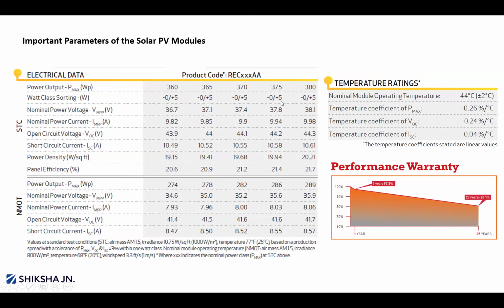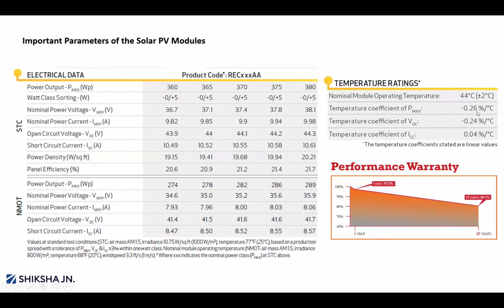After manufacturing, the manufacturer tests the module to see whether it delivers these values at 25 degrees Celsius. After 25 degrees, if the temperature increases by 1 degree, the power will reduce by 0.26%.